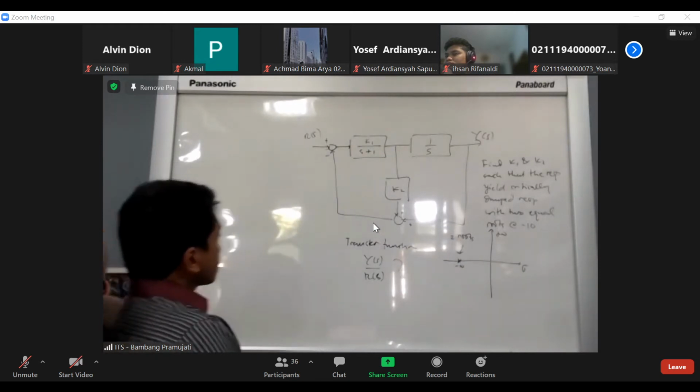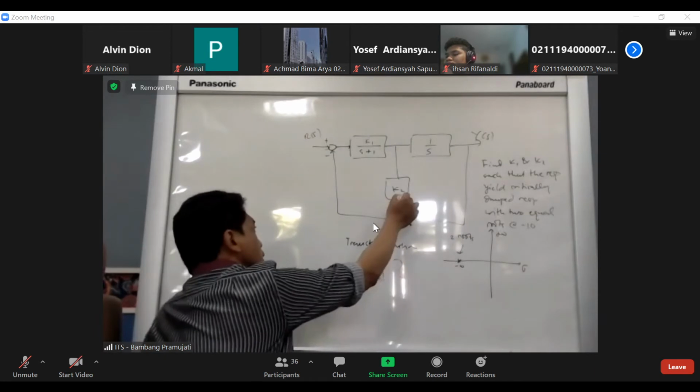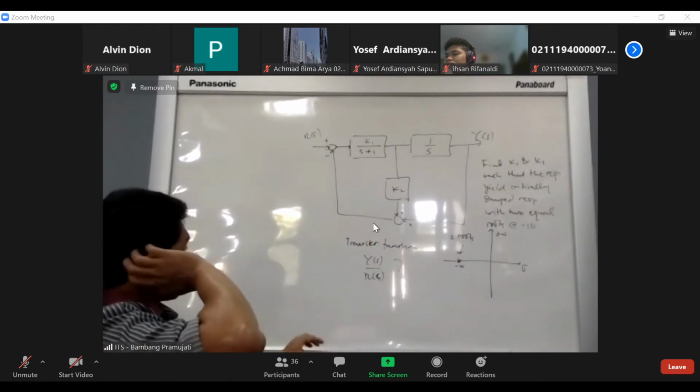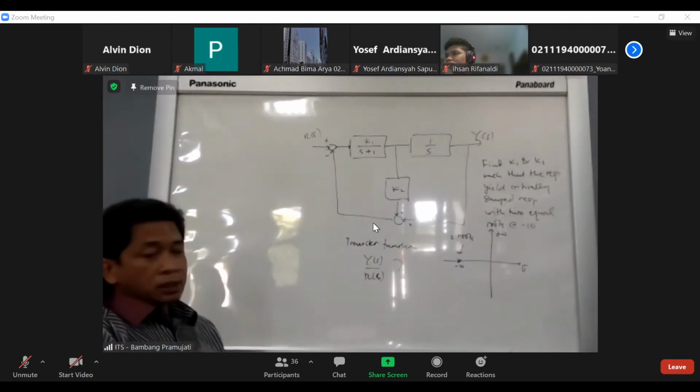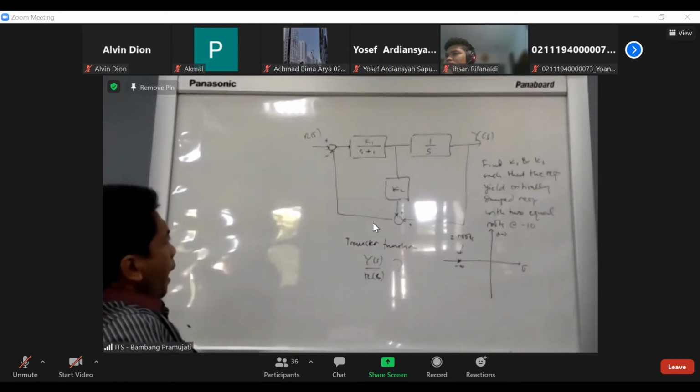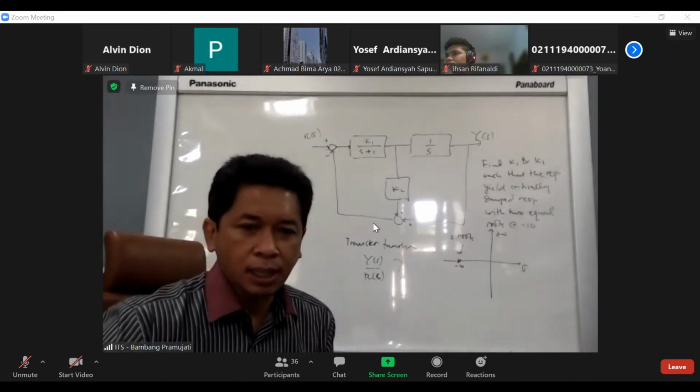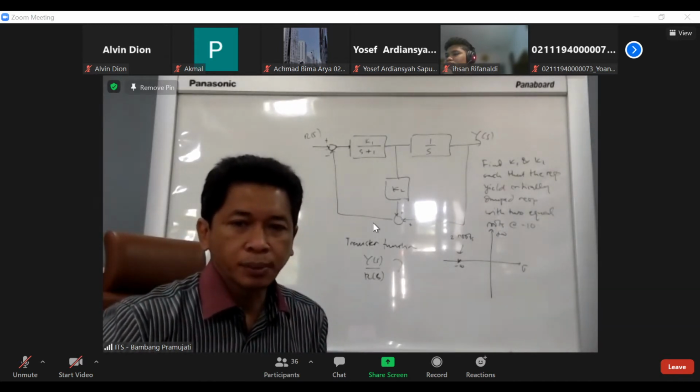Ya. Jadi gimana caranya? You have to modify the block ya. Seperti kemarin, Anda sudah tahu gimana cara memodifikasi blocknya ini. Kira-kira gimana menurut Anda blocknya? Apakah ada yang sudah nyoba?